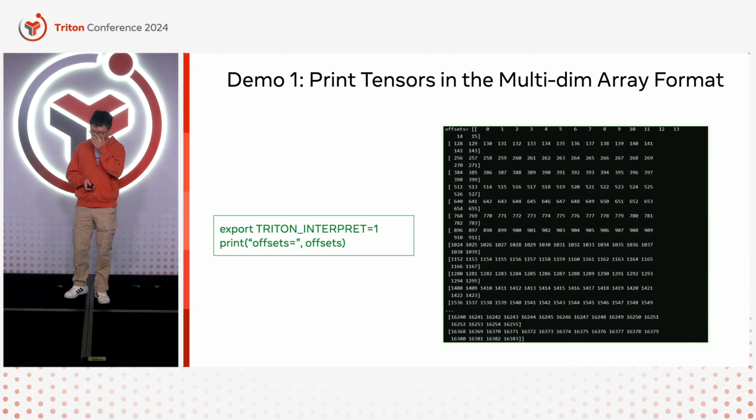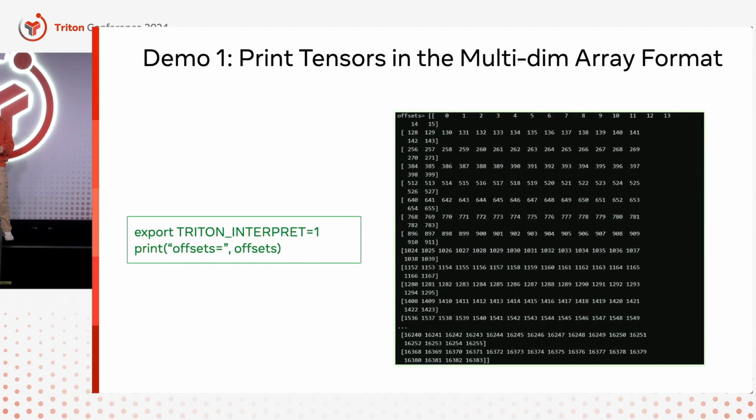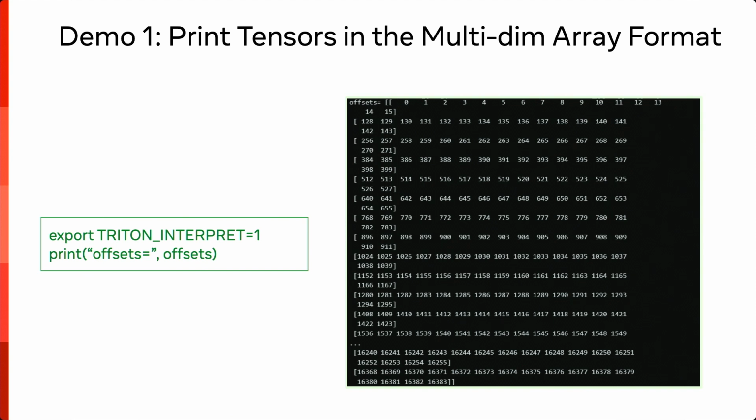Instead, when we switch to the Triton interpreter, the only thing we have to do is to export an environment variable, TRITON_INTERPRET equals 1. Then we replace tl.device_print with the normal, standard Python print statement, print offset equals the offset value. Then here's what we get.